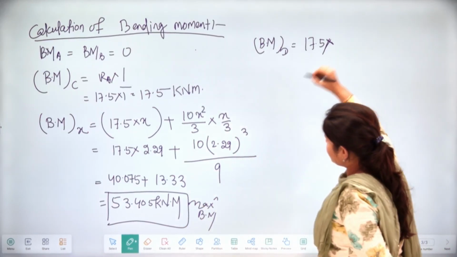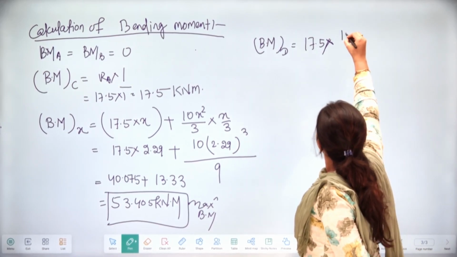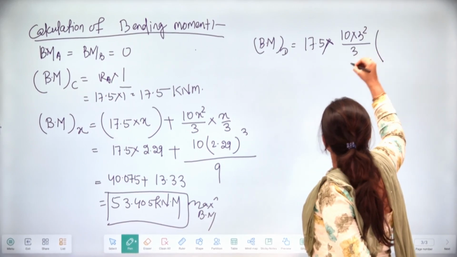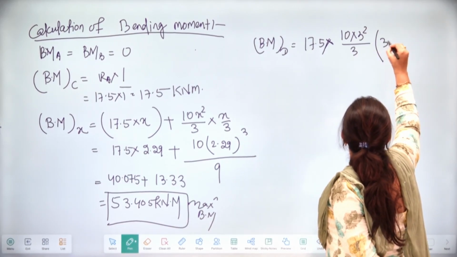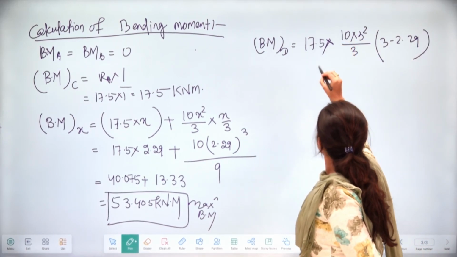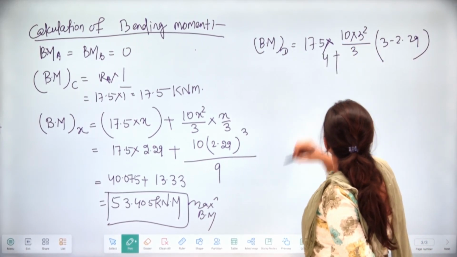And here, if you put the values, like 10 into 3 square upon 3 will be multiplied by 3 minus 2.29.